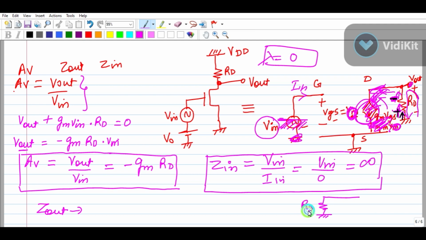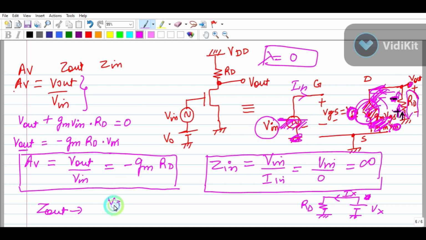Okay, and V out. So how to calculate Z out? On the output side, you have to apply a DC voltage Vx, and the current that flows is Ix.